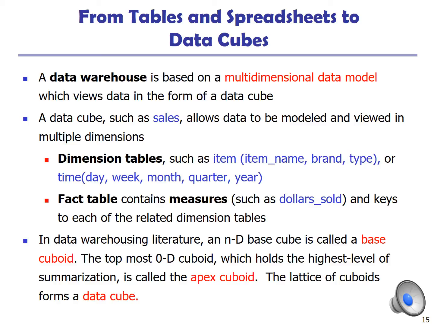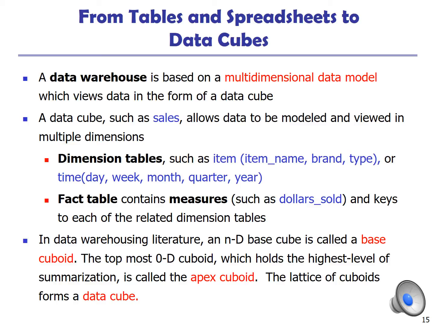So let's look at a dimension called item, and there are different attributes which describe the dimension item, such as item name, brand, and type. Or another dimension called time, with different attributes which define the time: the day, week, month, quarter, year, right? So these are examples of dimension tables.